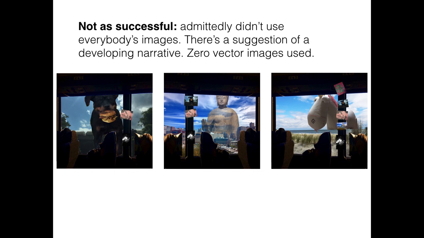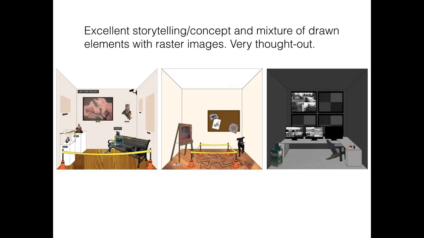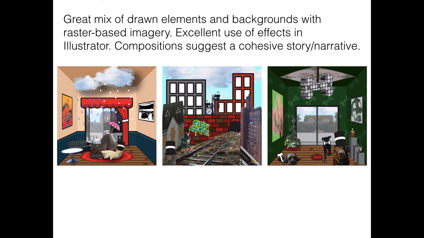There is this suggestion of a developing narrative or storyline, but no vector images were used, and this student admittedly did not use everybody's images. And that's something that students will ask me, like, well, how do you know? Because really, you can get away with cutting and pasting very small snippets of some images that you've downloaded and then incorporating those into your drawings in some way.